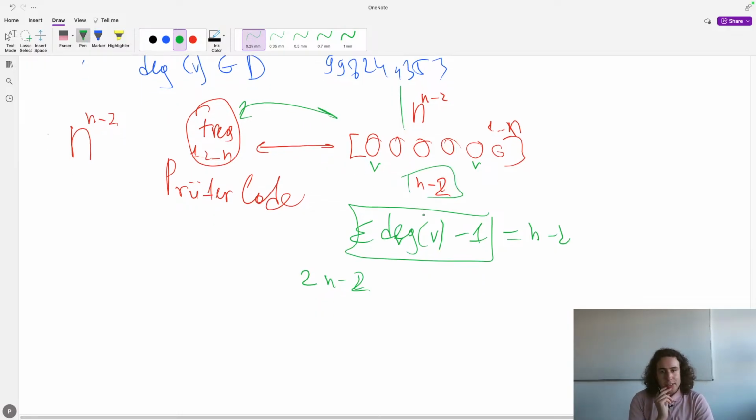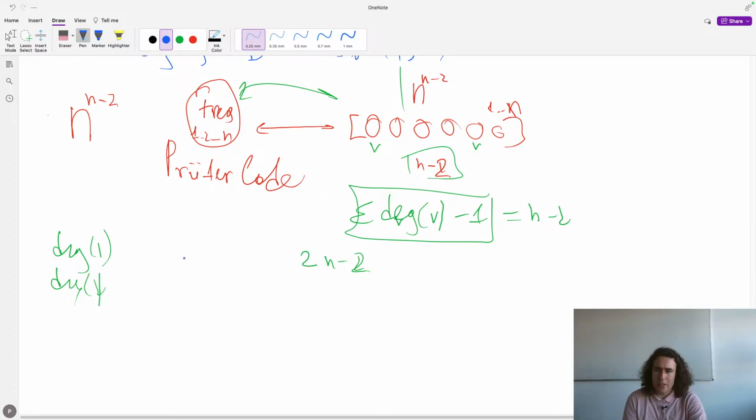And imagine that we fix degrees. So the vertex 1 has degree deg 1, the vertex 2 has degree deg 2, and so on. Let's call them E1, E2, and so on, En, right?